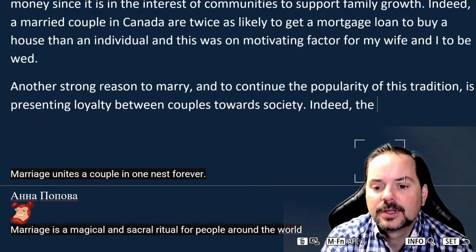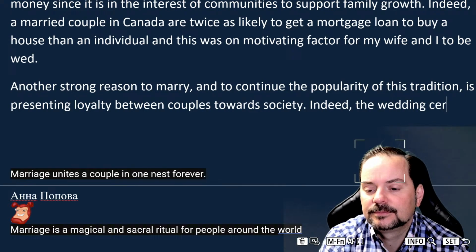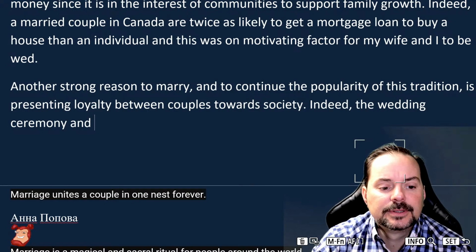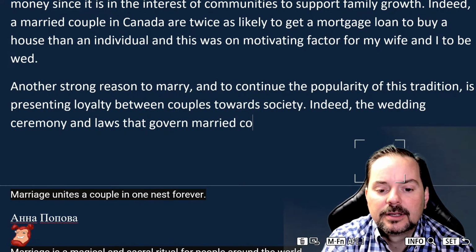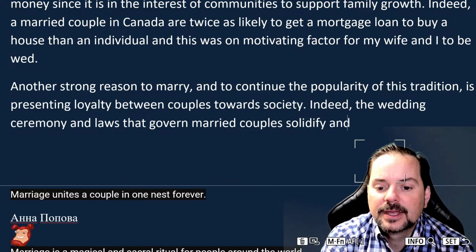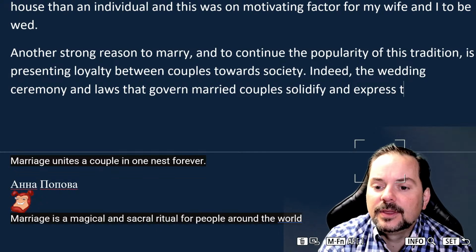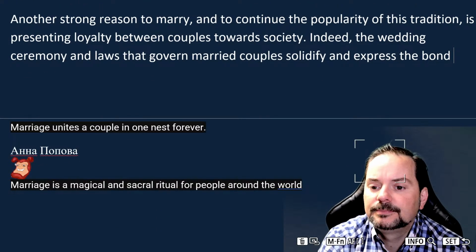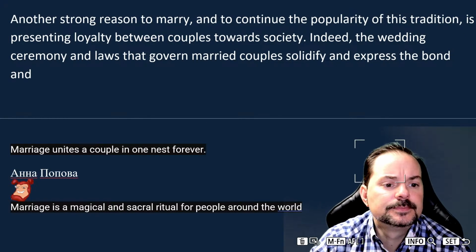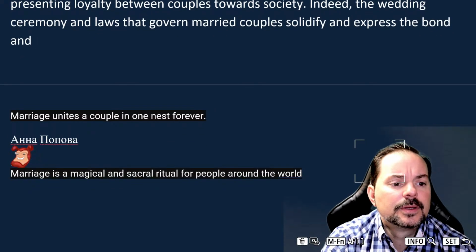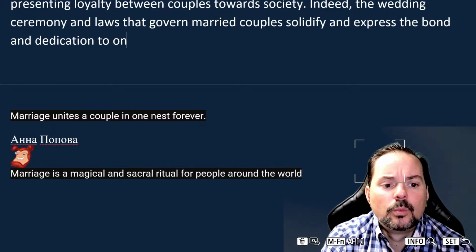Indeed, the wedding ceremony and laws that govern married couples solidify and express the bond and dedication to one partner.